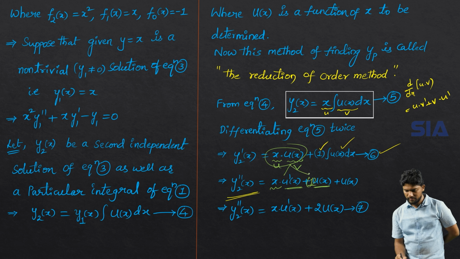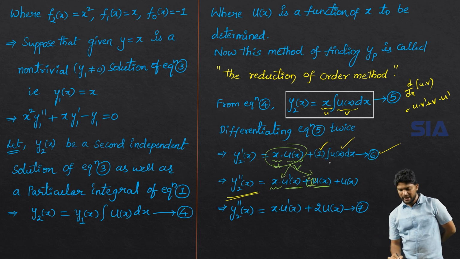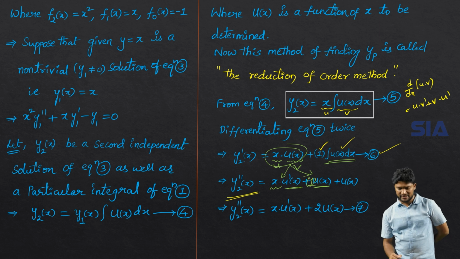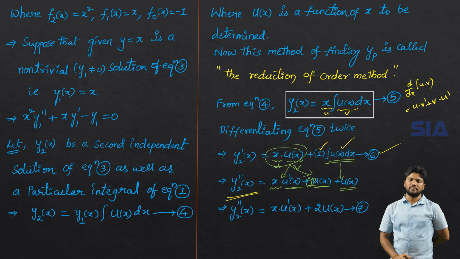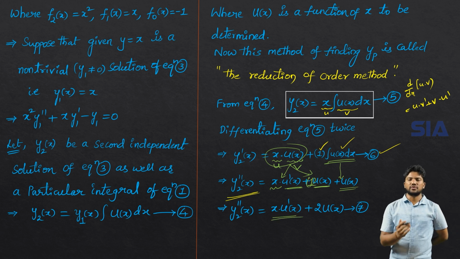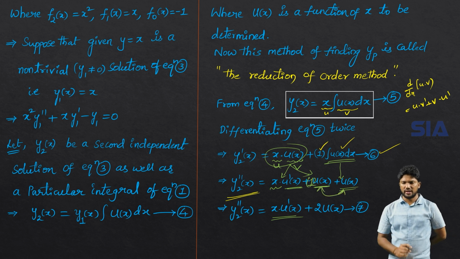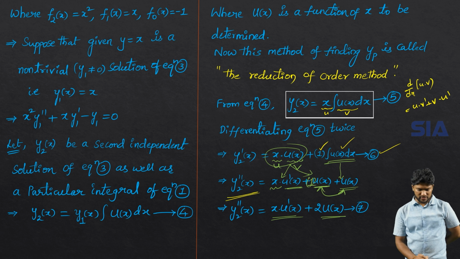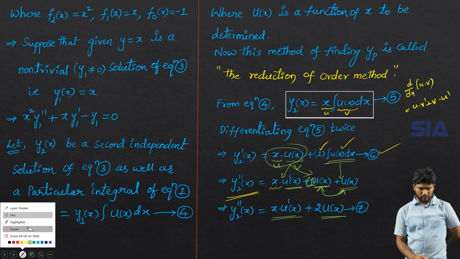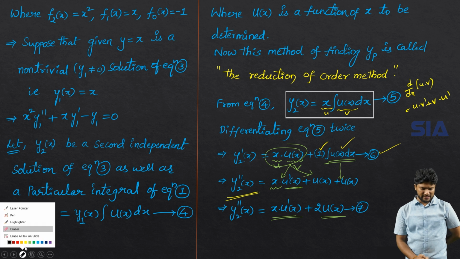For the second term, integration u of x dx, if you apply the differentiation, it gets cancelled and you get the direct u of x term. Now in the RHS, if you simplify, x into u dash of x plus u of x plus u of x, the same terms, so u of x plus u of x gives 2 into u of x. That is taken as equation number 7.